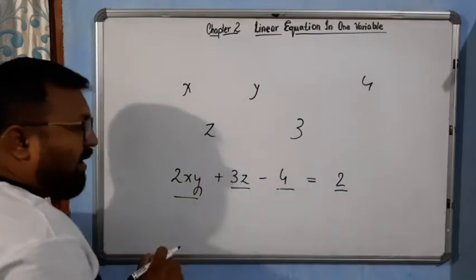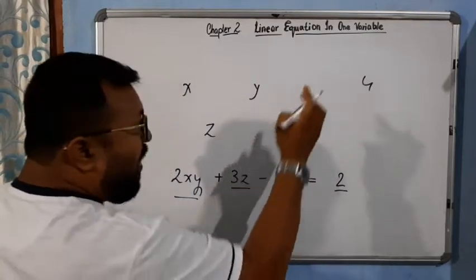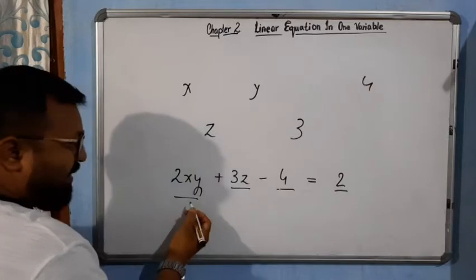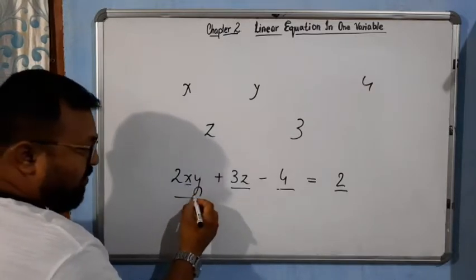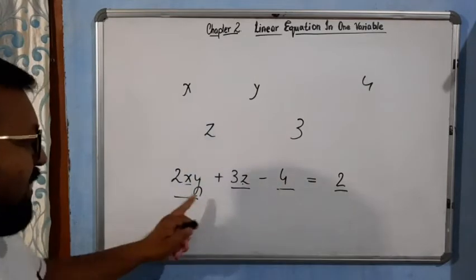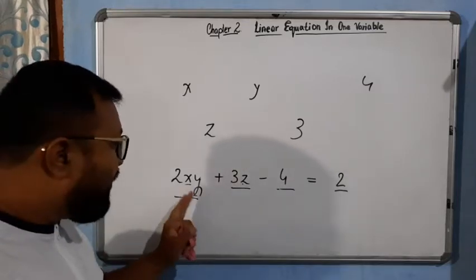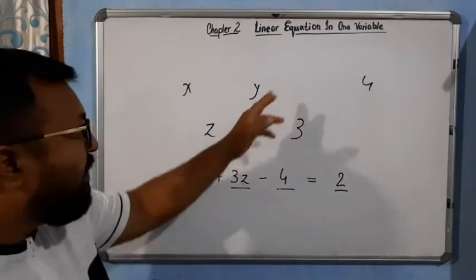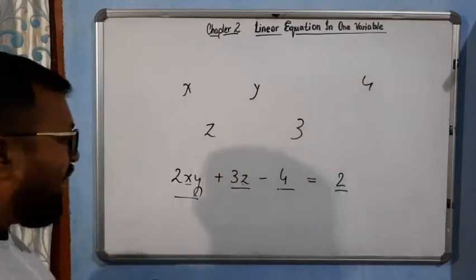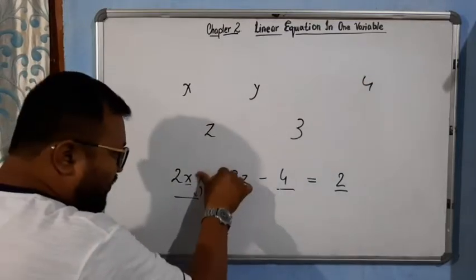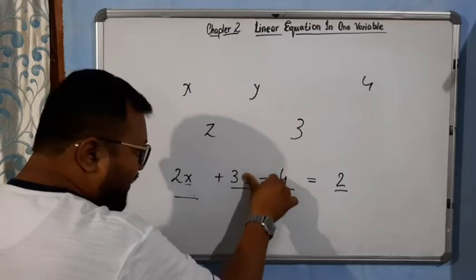Now we will talk about one variable. In this case we have used x, y, z. So these are different variables. Here we have used three variables, but right now we are dealing with one variable. So let me change this into one variable.